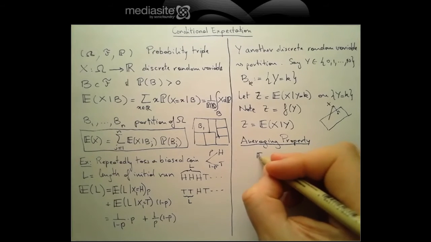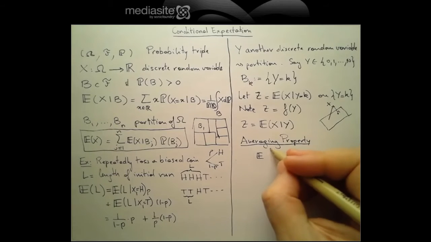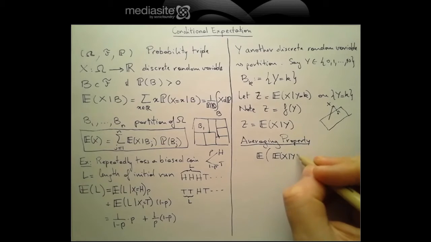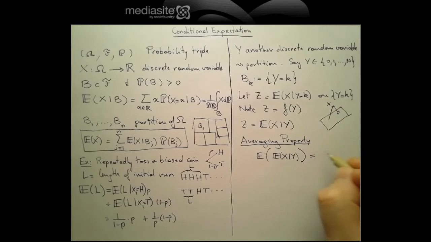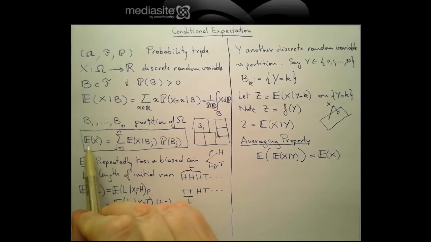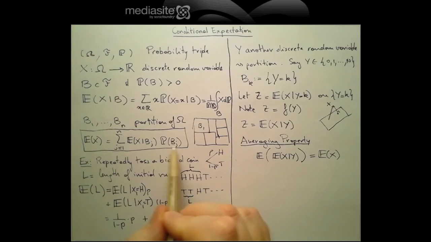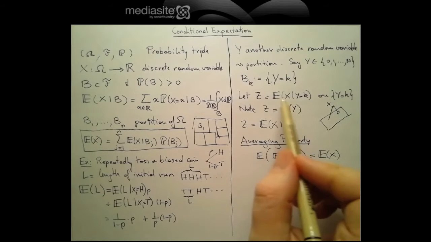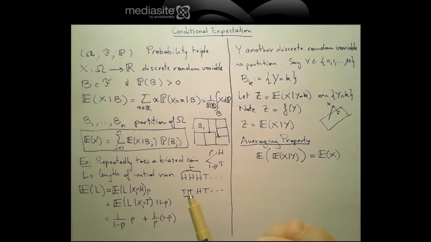If you take the expectation of this random variable Z, namely of the conditional expectation of X onto Y, then that's the same as taking the expectation of X. You should think of this expectation as being this sum weighted by, and then these are the values of Z. So that's the parallel.